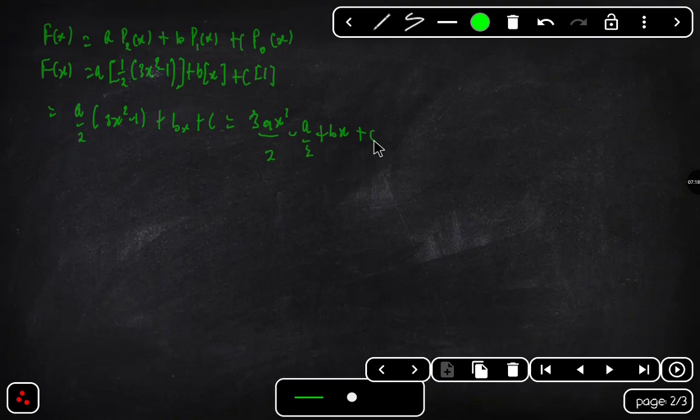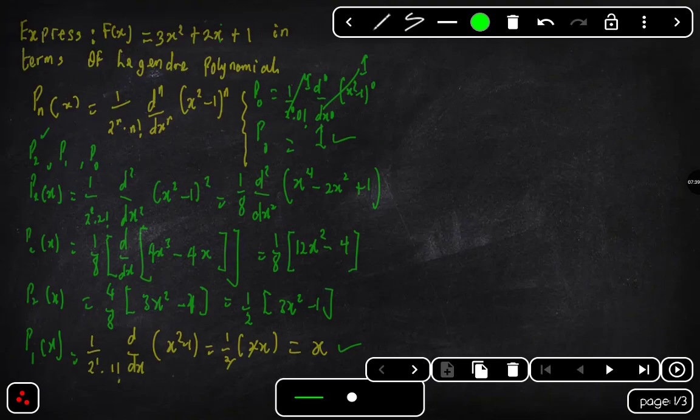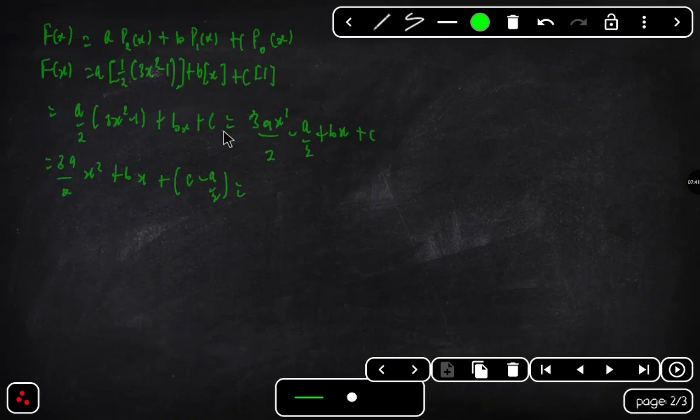Now minus a over 2 and c, they are both constants, so I can bring them together. So then we are going to have 3a over 2 x squared, plus bx, then plus c minus a over 2. So guys, we can equate the function to be equal to this, which is 3x squared plus 2x plus 1.